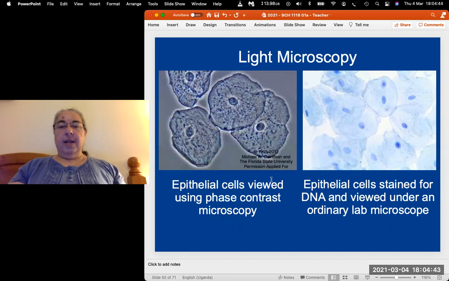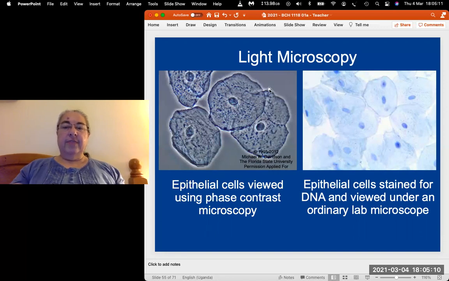Here are some similar epithelial cells, again looked at through a light microscope, but using a different technique. The previous one was a staining technique. This is a technique called phase contrast microscopy. If you like, the light source has been adjusted so it's showing shadows within the cell structure.